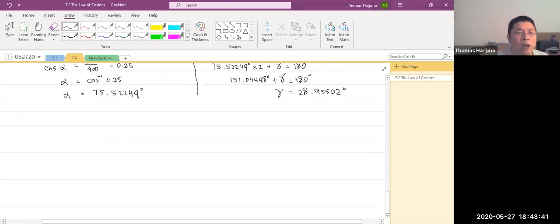How about the area of a triangle? We never really work on a question like that. Area of a triangle, if known two sides and included angle.